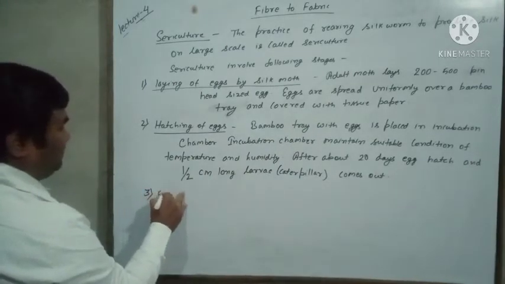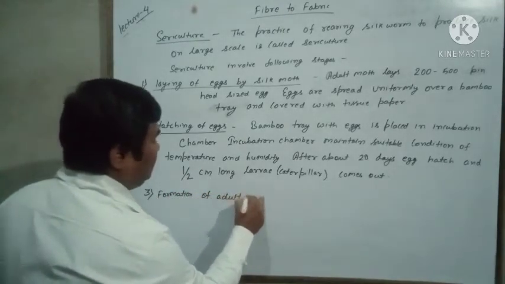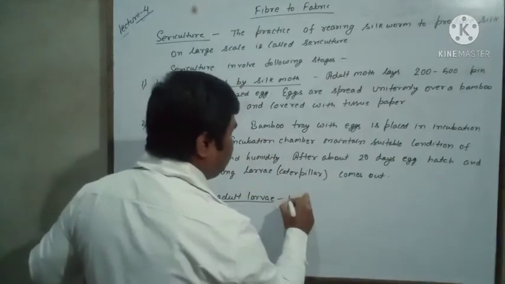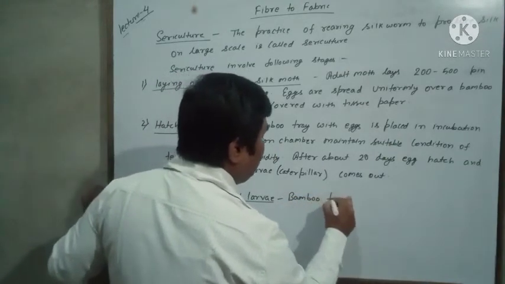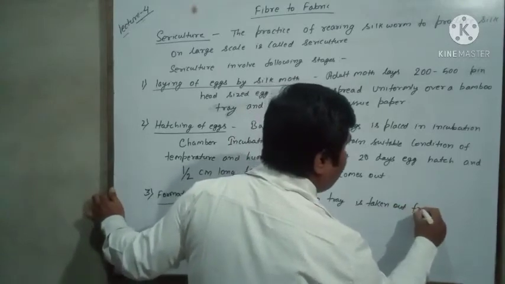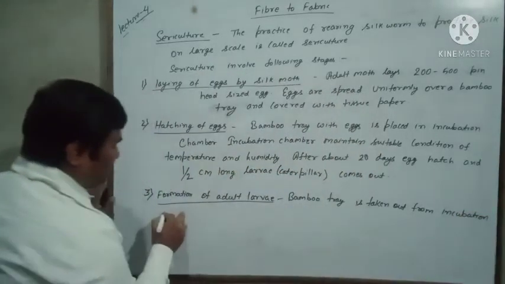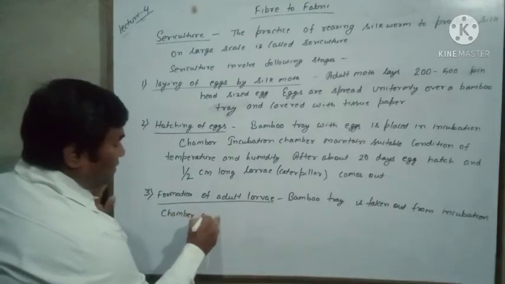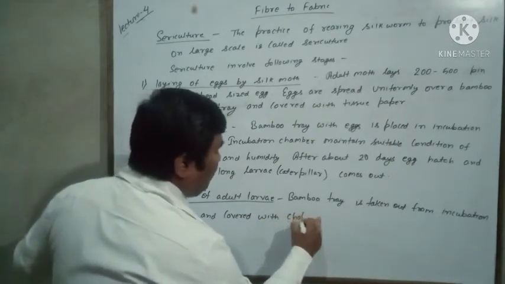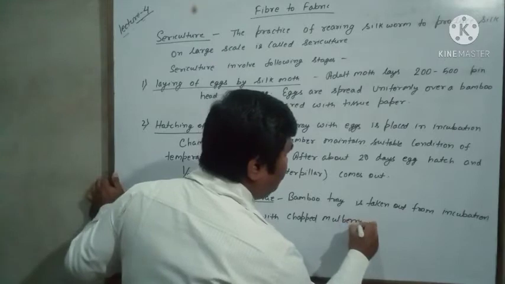Third stage, formation of adult larvae. Bamboo tray is taken out from incubation chamber and covered with chopped, means कटा हुआ, chopped mulberry leaves.